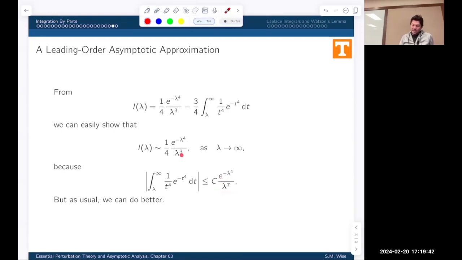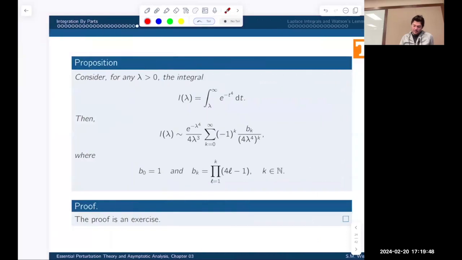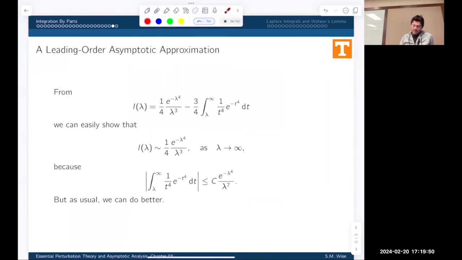And because this term is a whole lot smaller than that, these powers, yeah, this guy is a whole lot smaller than that. That's all I need to show that this is asymptotic to that. So that's my single one-term or leading order approximation.